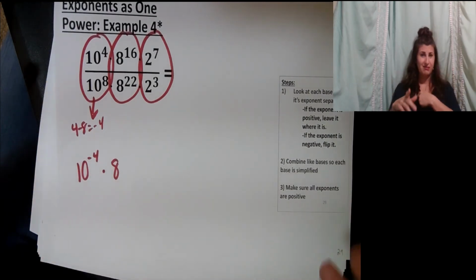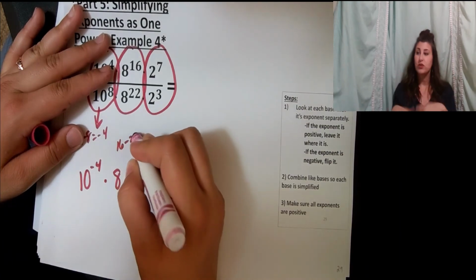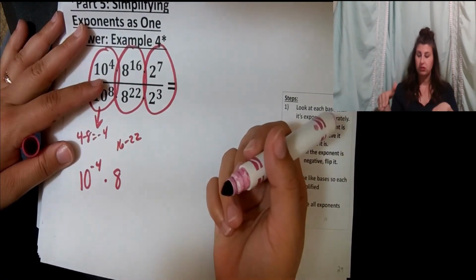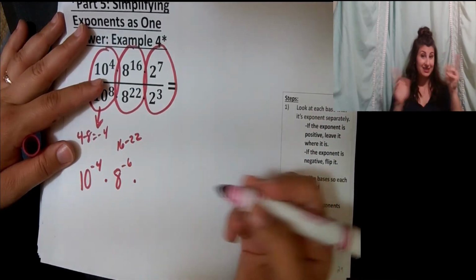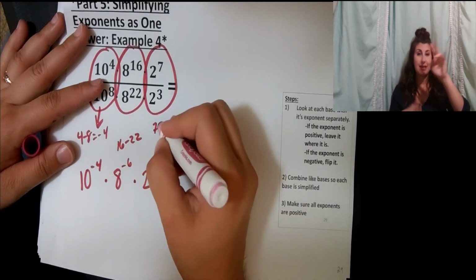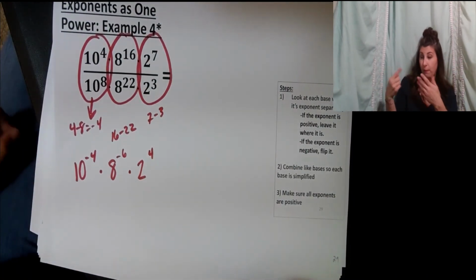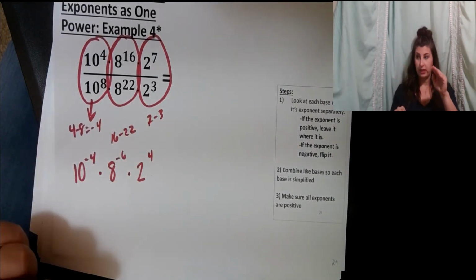Because we're doing this pre-recorded. Okay, all right, so it's going to be 16 minus 22, and it's minus because it's all division. Okay, so 16 minus 22, that will make negative 6, okay, times 2, and this is 7 minus 3, which is 4. So this is what I have right now. 2 of these are negative, so that means it's going to have to go to the bottom, all right?